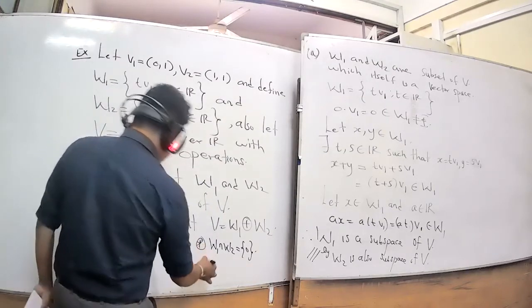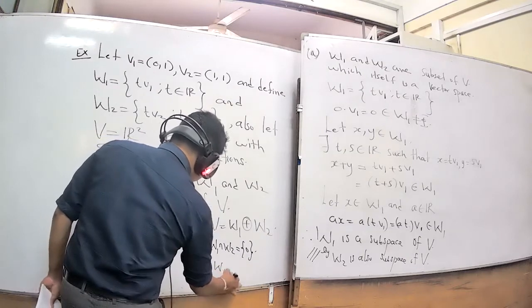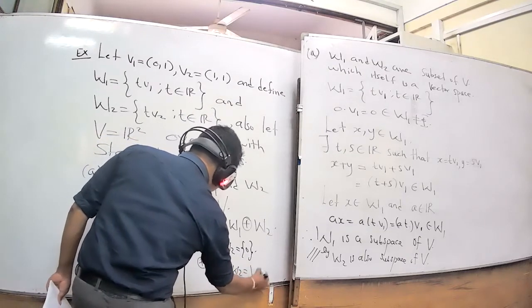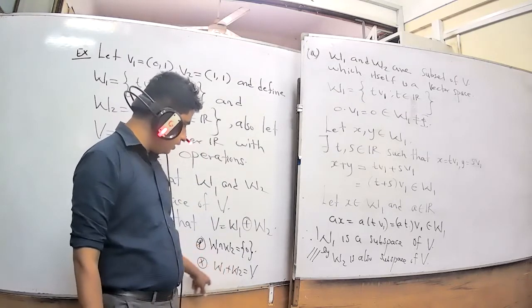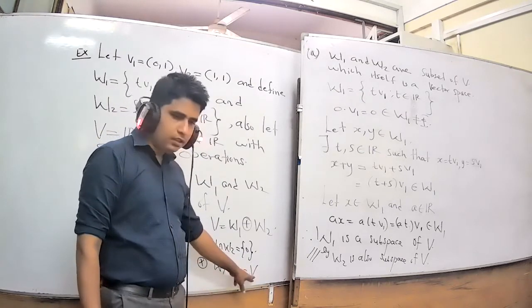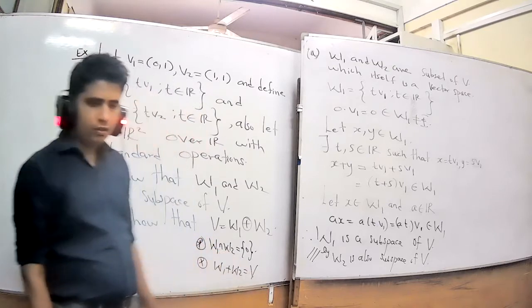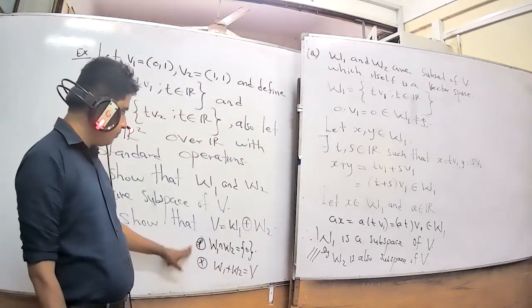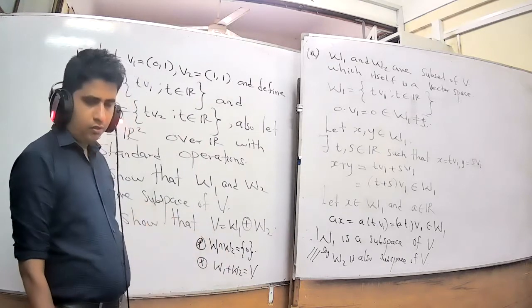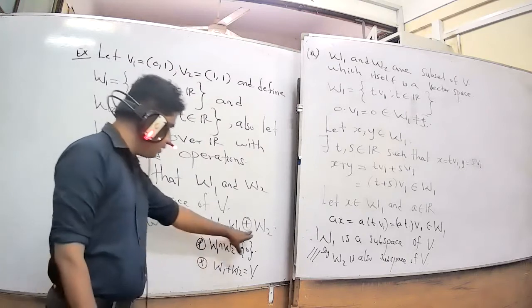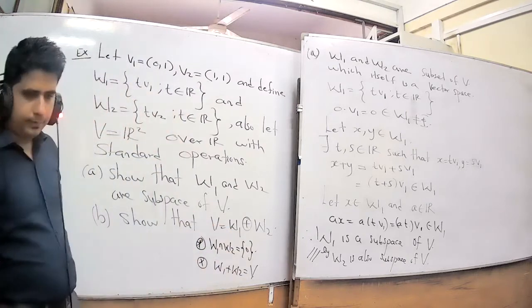And another condition, W1 plus W2 equals V. You take one element of the set W1, another element of the set W2, add these two elements, and you get an element in V. These two things you want to show. It's called a direct sum.